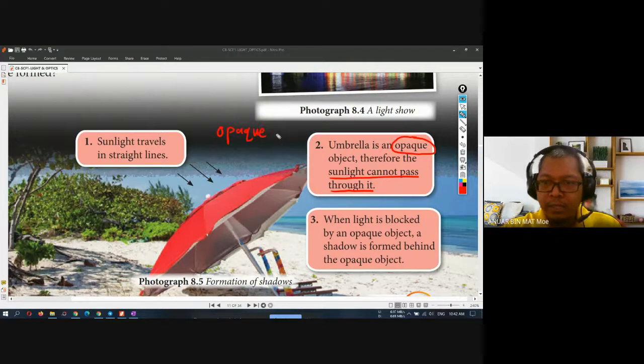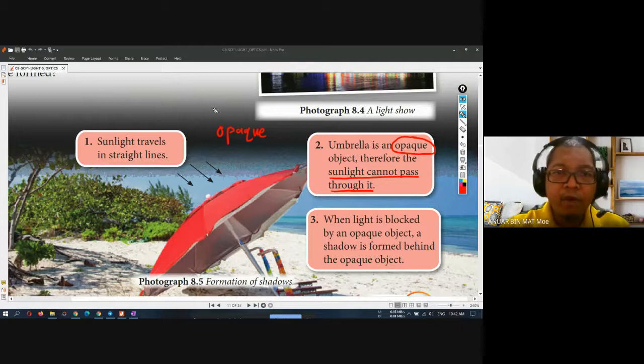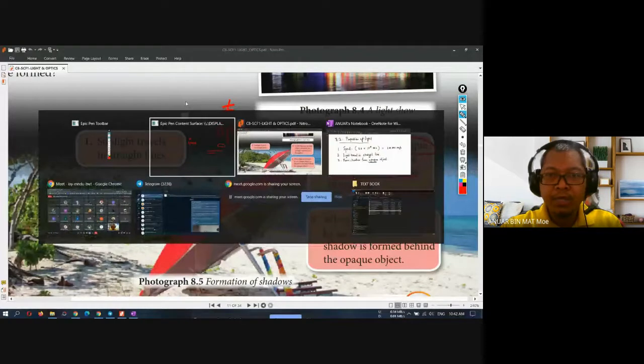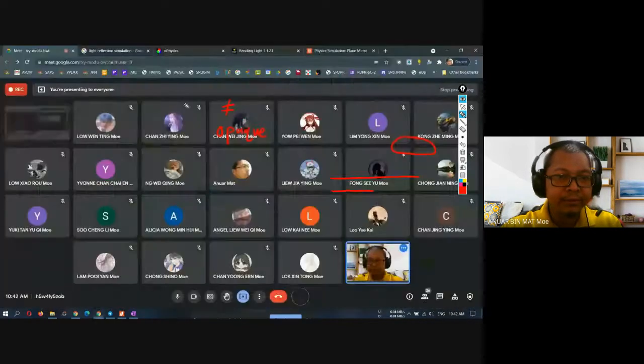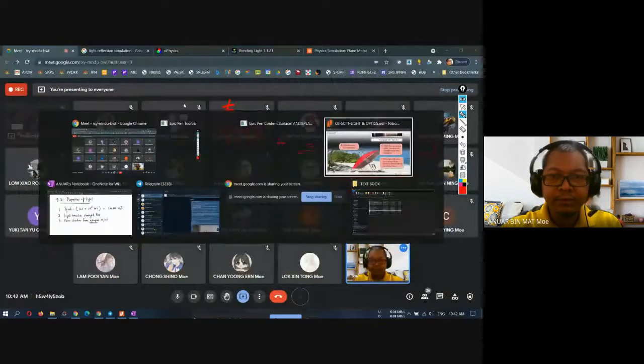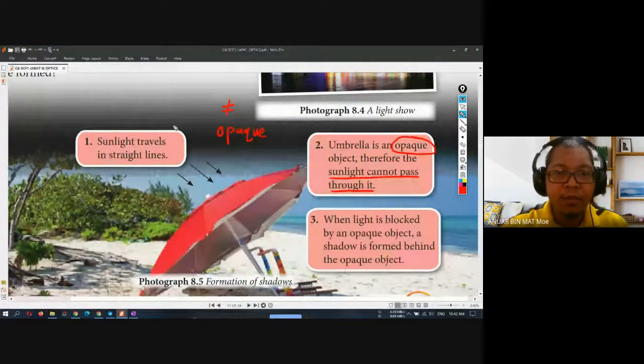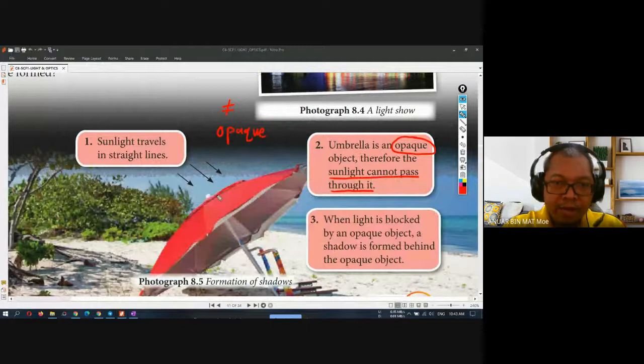O-P-A-Q-U-E. Alright. The opposite of opaque, anybody can tell me what is the opposite word for opaque? For example here, this umbrella surface is an opaque object.